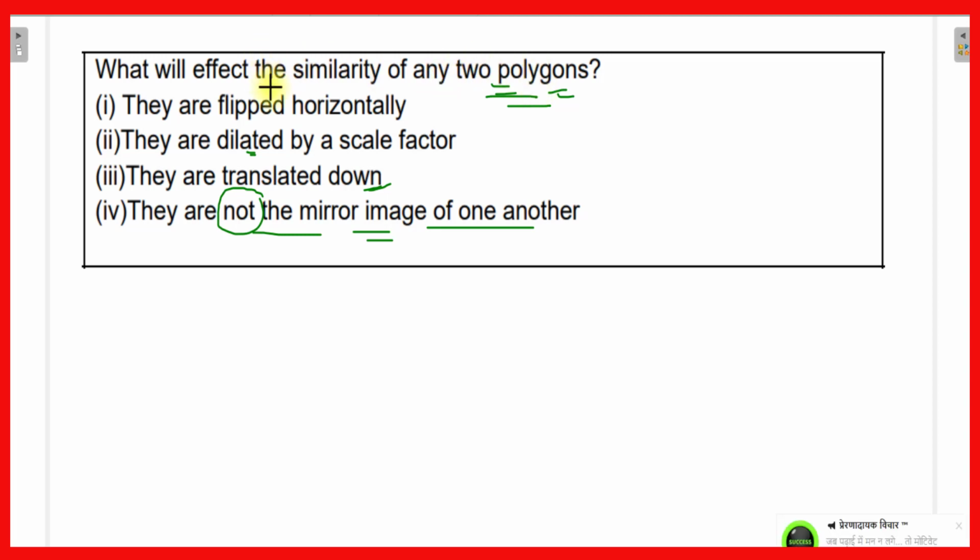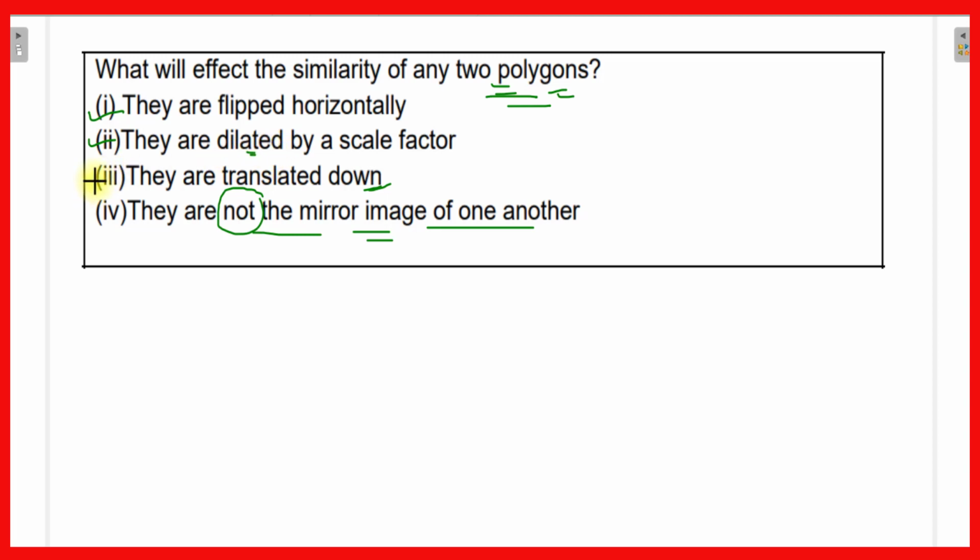So the question is, what will affect the similarity of any two polygons? If they are flipped, it will not affect the similarity of two polygons. If they are dilated, means reduced by a scale factor, that is not going to affect the similarity of two polygons.